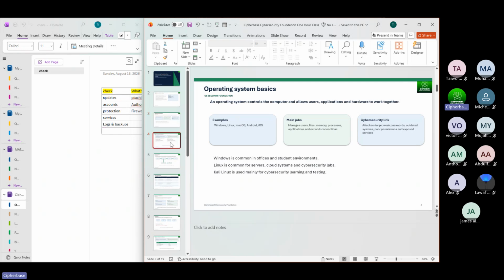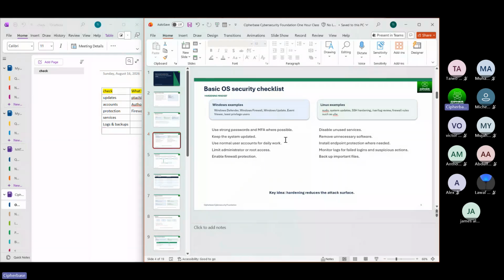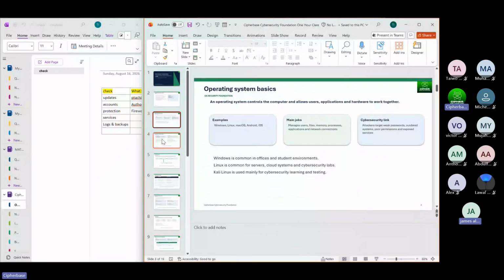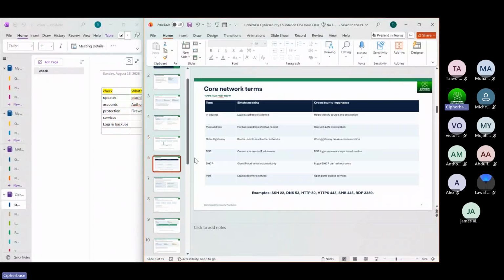Are we here? Okay, we already talked about this. So we are here now. I say core network terms. Under this, we need to understand some simple terminology.